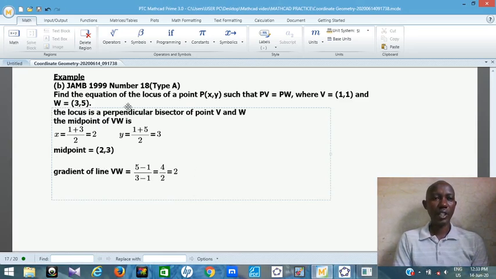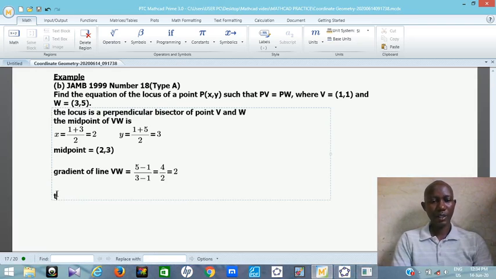So if the gradient is 2, and we said it's a perpendicular bisector, therefore, let's take M1 as the gradient of the locus.